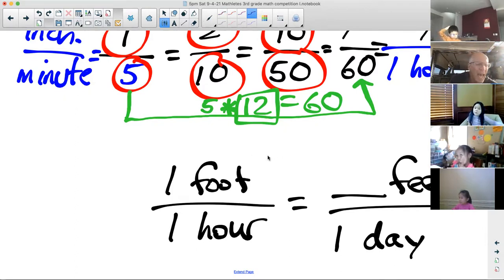We know that the snail can go 1 foot in 1 hour. How far in feet could the snail travel in 1 day? Now, you may need to ask me a question, and that's okay. Is there some information you'd like to know? Stella, what do you think? I want to hear from you. If you don't know the answer, what would you like to know about hours and days?